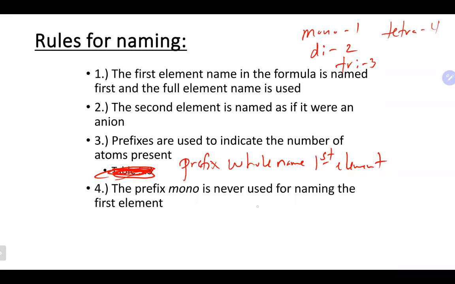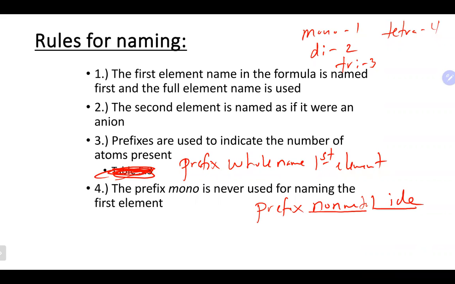And then the second name gets the appropriate prefix with the nonmetal, just like we did before, getting the -ide at the end of it. So prefix, whole name of the first element, prefix, -ide on the second one.